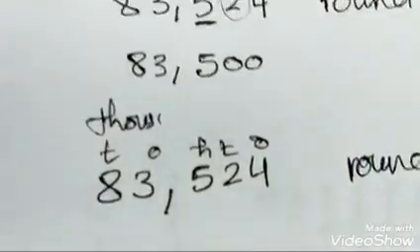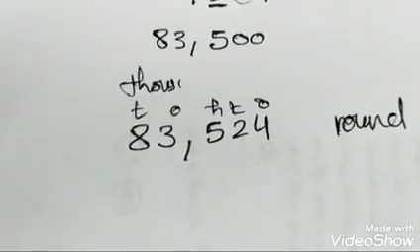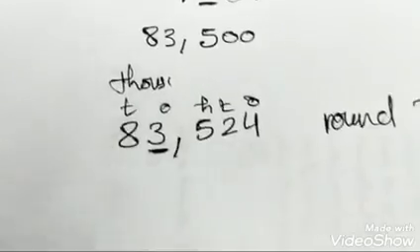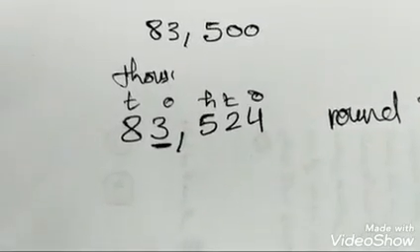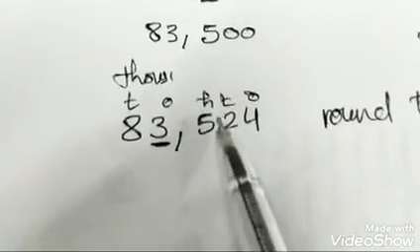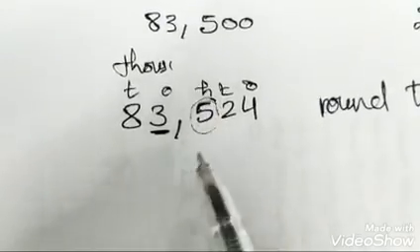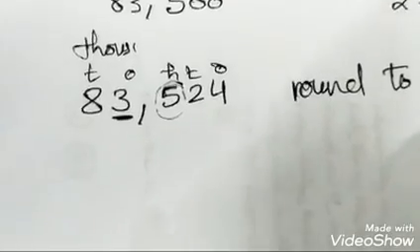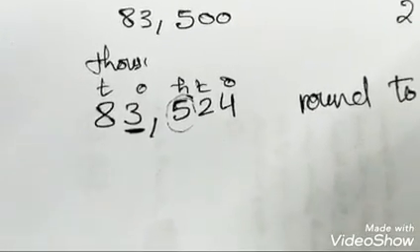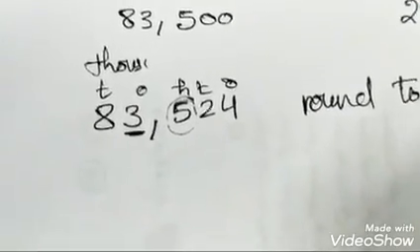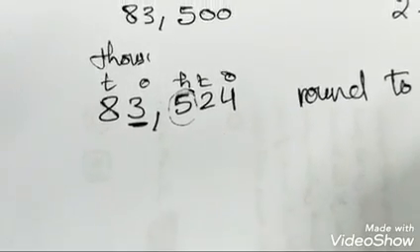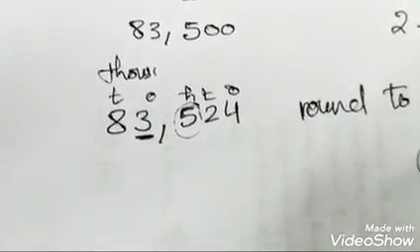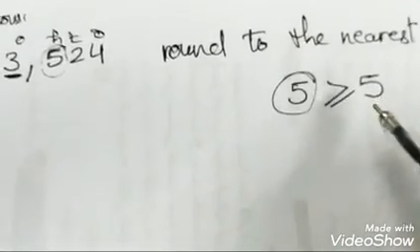In the thousands. Where's the place value of thousands? This is the digit 3. Okay, I have to look at the number to the right side, which is 5. Now 5, if it's greater than or equal to 5, it will be a rich number.